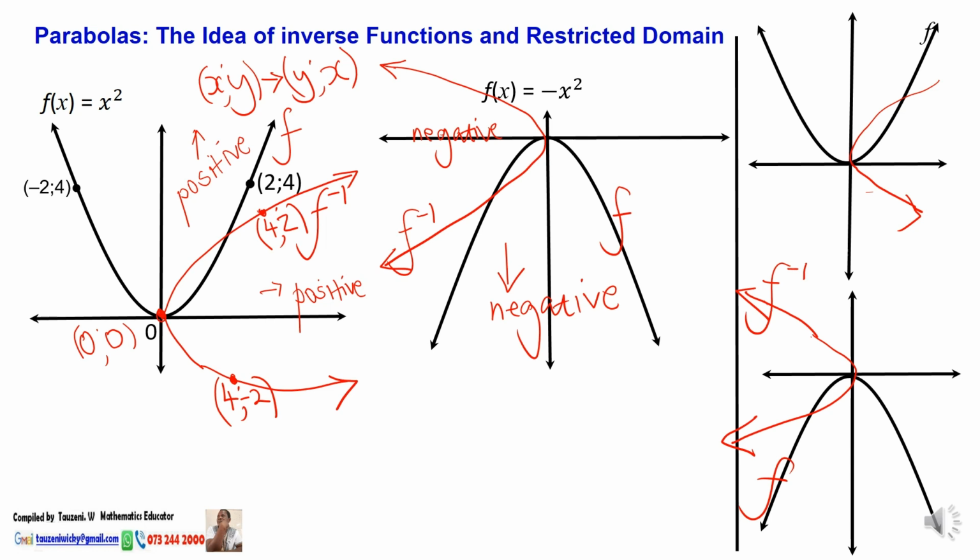Then another important idea, which is very much critical, is to know that the graph of f and its inverse are a reflection of each other along the line y is equal to x. That is one critical idea.